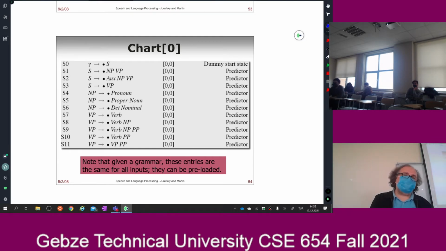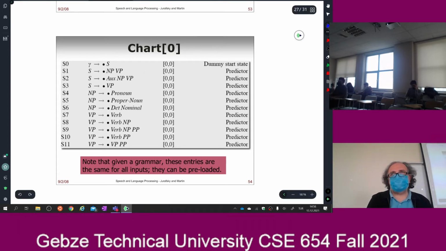The other one was easier and more visual, because in each of the boxes you have a limited number of constituents. But in this one, especially for chart number 0, you have thousands of rules, states.